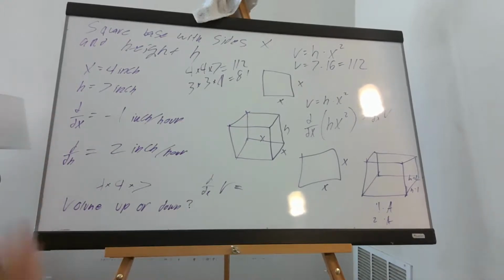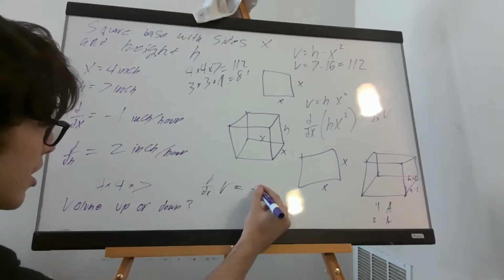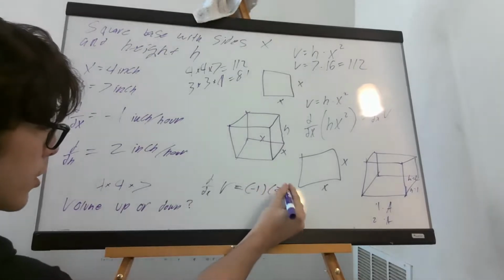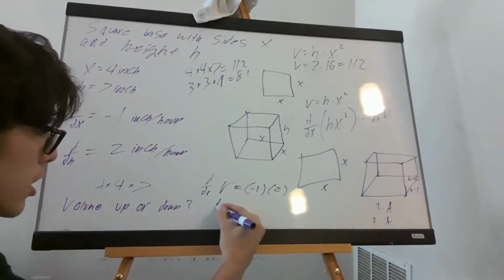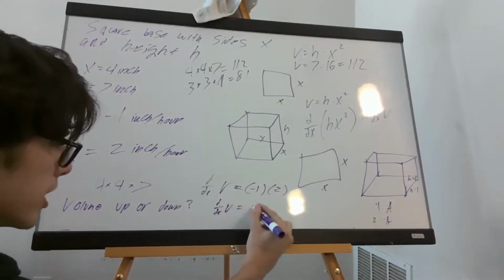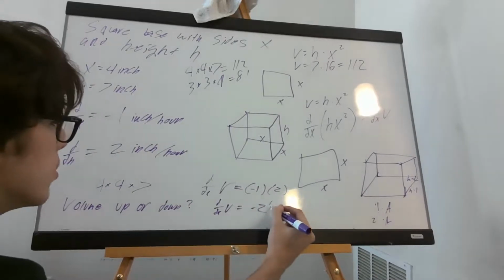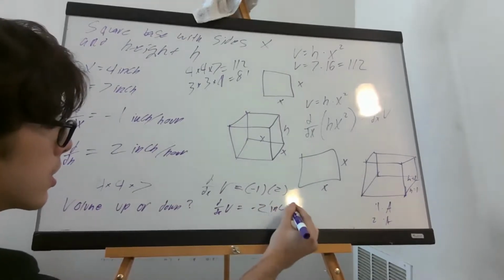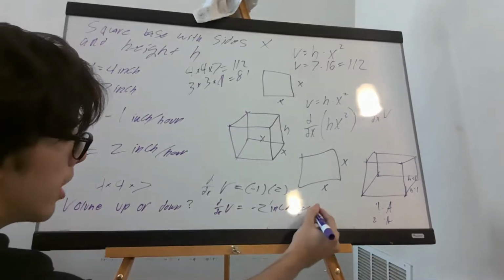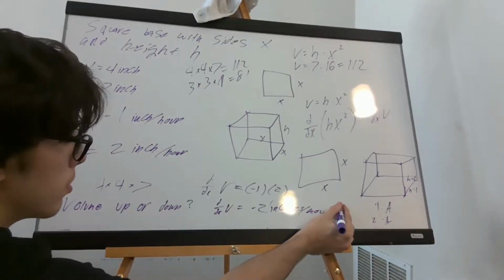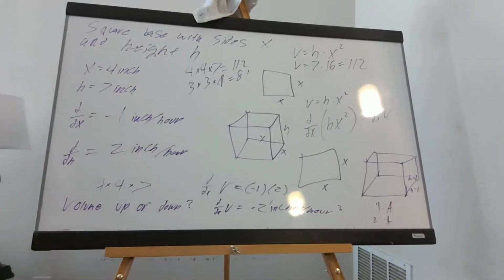This is something you're going to obviously overthink sometimes, like you just witnessed. So the rate is negative 2 inches cubed per hour for volume. So it is decreasing. Volume is down. And the total volume at 4 by 4 by 7 is 112.